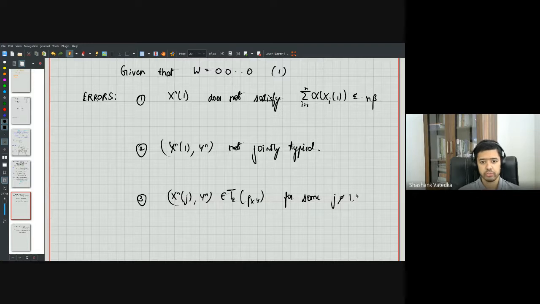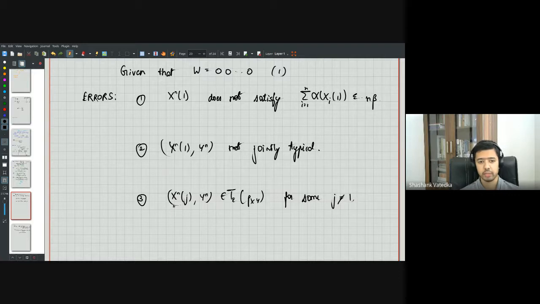If none of these three things happen, then the codeword satisfies the cost constraint, so it is transmitted across the channel, and the received sequence is jointly typical with respect to xn of 1, and it is not jointly typical with respect to any other codeword, which implies that it is decoded correctly.